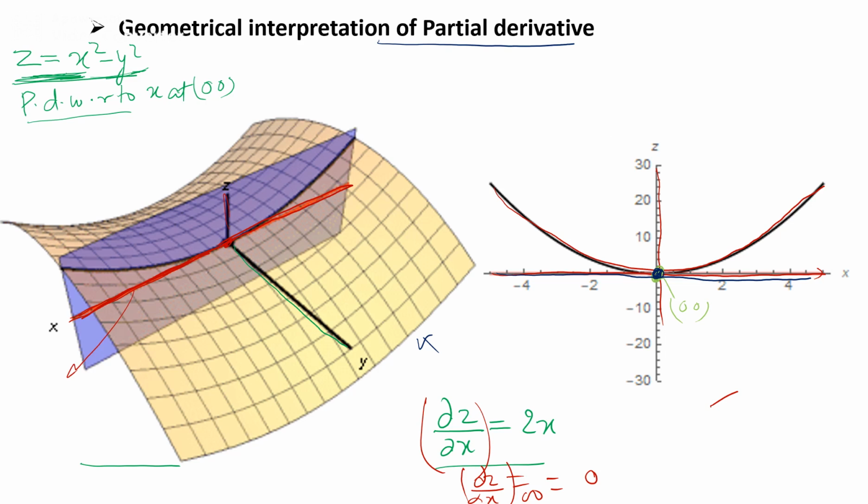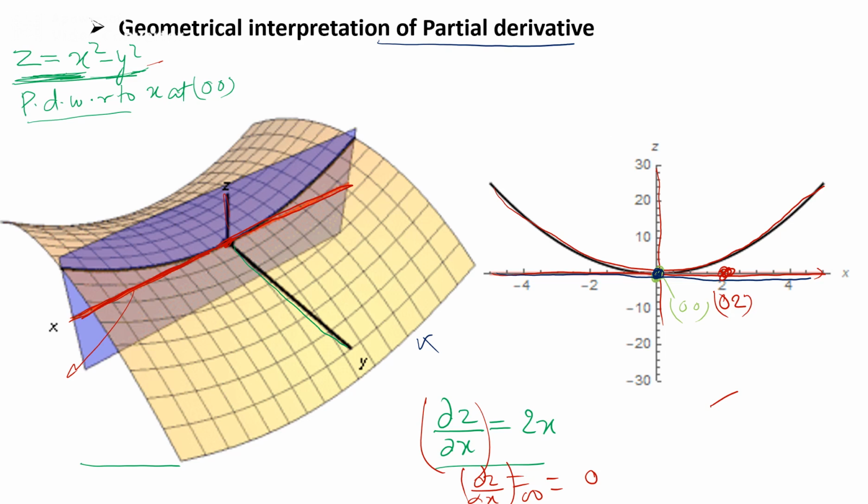But if we want to plot a different partial derivative of that particular function with respect to x at a different point, similarly, suppose we want to evaluate the partial derivative of x at, say, (0, 2).